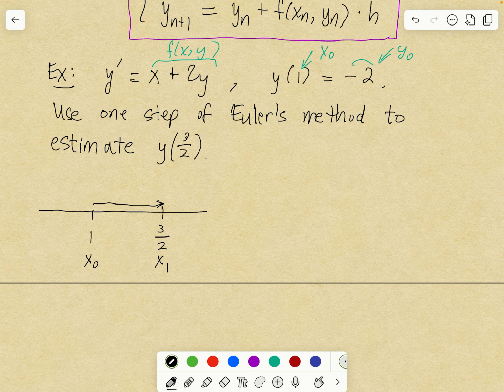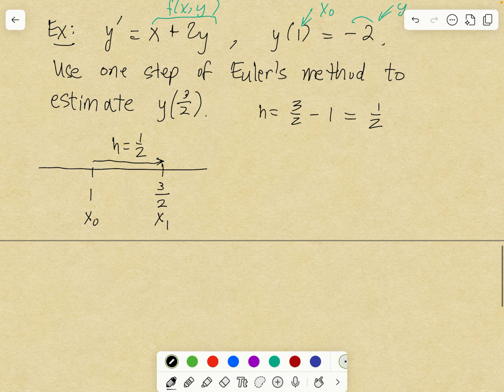Well, 3 over 2 minus 1 is a half, so our h is a half. Okay, that's one step. So our step size is a half. h is 3 over 2 minus 1, which is a half.